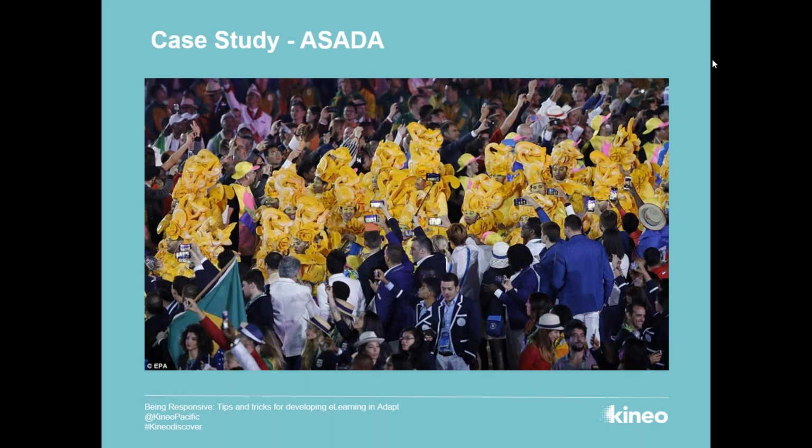So we did the usual government thing and went out to tender and formed a relationship with Kineo, and we worked with them to develop some e-learning, and we went with responsive designed e-learning built in Adapt. And the reason we did that is right there in front of you in that image. I challenge you to find every single mobile phone in that photo.